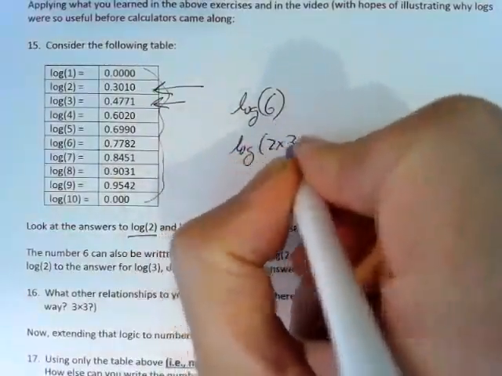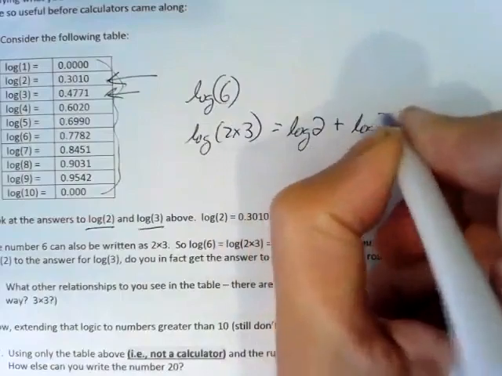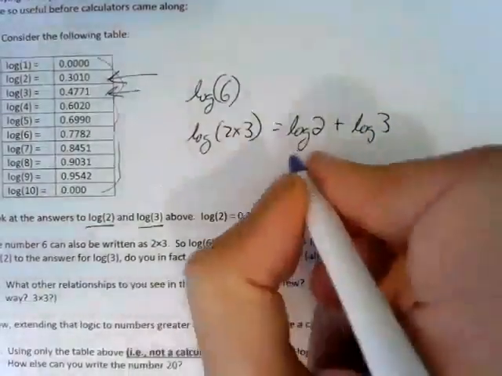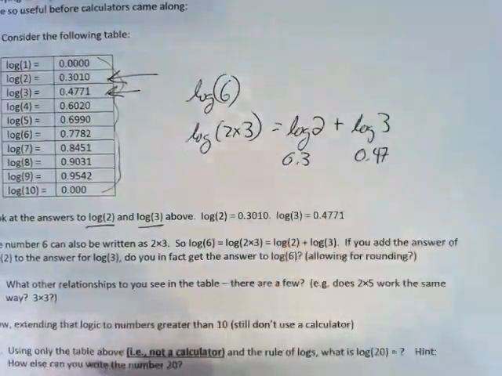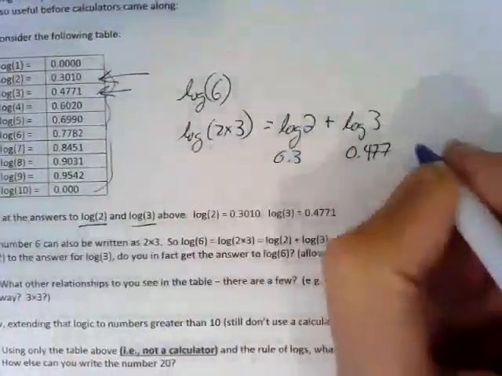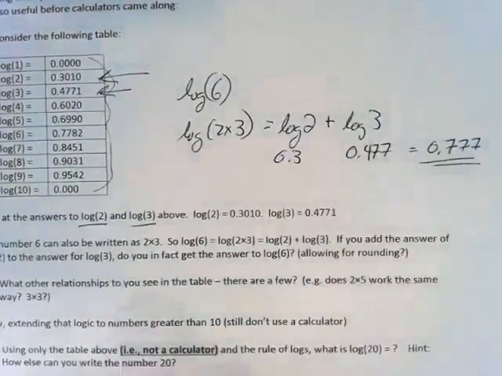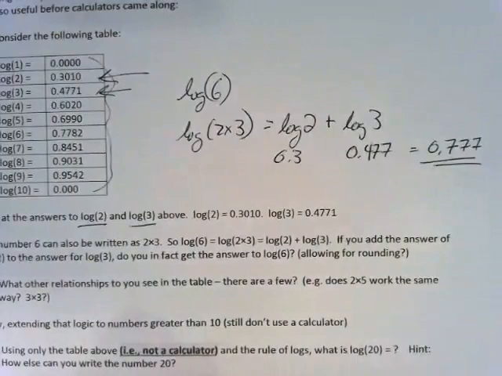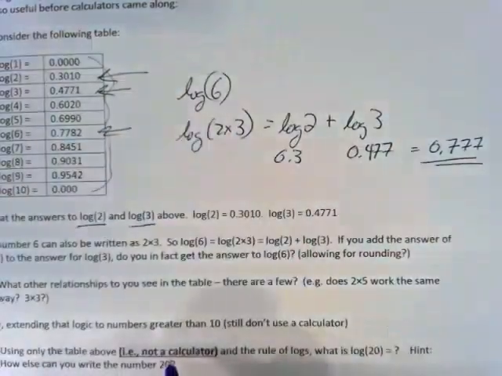2 times 3. And like we just saw on the previous page, we know that that's the log of 2 plus the log of 3. Well, now I'm in luck. I know that the log of 2 is 0.3. I know that the log of 3 is 0.477. So if I add those two things together, I get 0.777, and I'm at least in the ballpark of what the right answer is going to be for the logarithm of 6, which is 0.778.